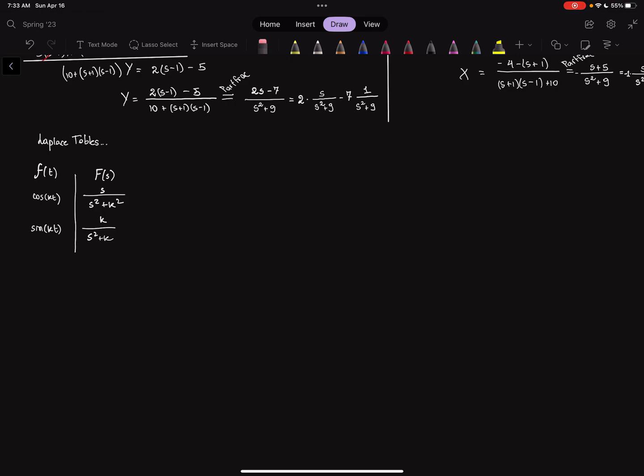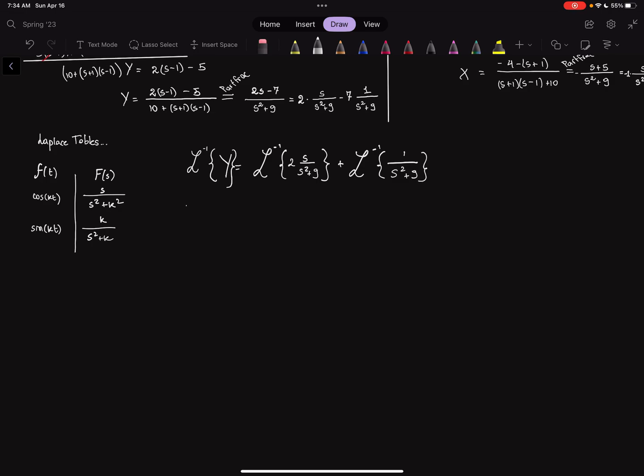So if I apply the Laplace inverse, let me first rewrite everything. I'll have y is equal to 2 times, now I want to apply the Laplace inverse to everything. So let's apply it to the big Y. It's going to be the Laplace inverse of 2s over s squared plus 9 plus the Laplace inverse of 1 over s squared plus 9.